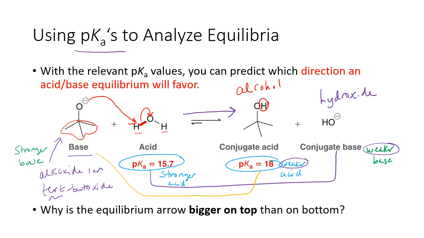And so the products are going to be favored in this case, and our equilibrium arrow pointing longer in the direction of our weaker ones means that at equilibrium we have a larger amount of those two. And because they're weaker, they're not going to want to go back and form a lot of the stronger ones. So that's why this arrow down here is much smaller. So we drew the arrow longer in the direction pointing towards the weaker acid-base pair because that was our favored direction.